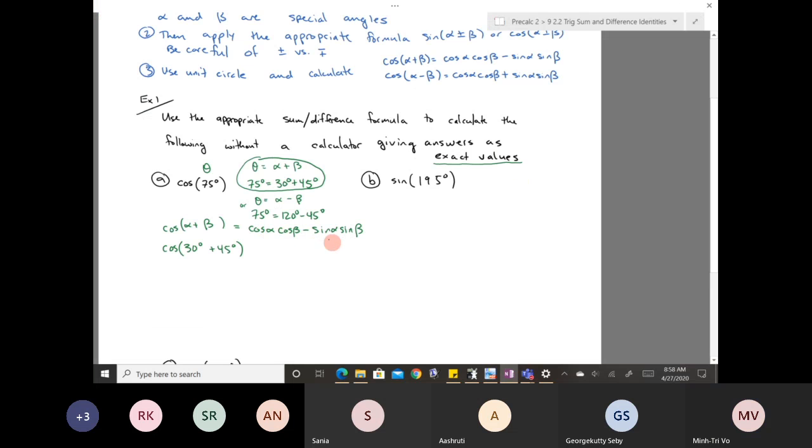Again, alpha is 30 and beta is 45, so I just separate them. This is cosine 30 cosine 45 degrees minus sine 30 sine 45 degrees.